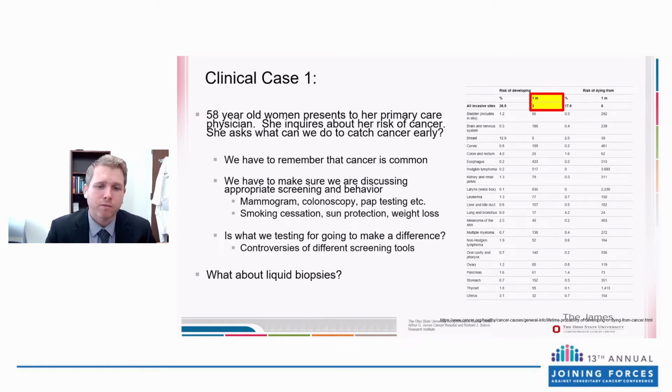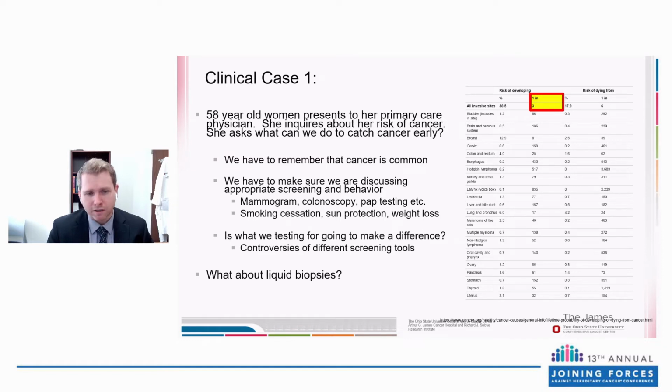And the first thing that we have to remember is that cancer is relatively common. In fact, 1 in 3 women in their lifetime will develop an invasive cancer. The second thing that we have to understand is that we have to make sure that we are discussing the tried and true things that are already well established in not only the prevention of cancer, but early detection in cancer, and that's screening and behavioral modification.